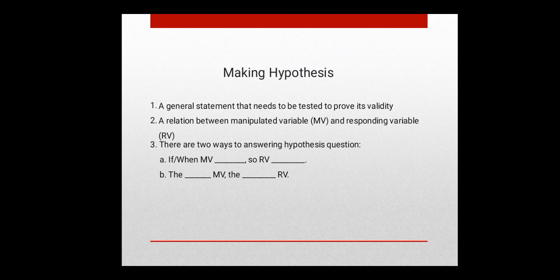Simple. Okay, the first sentence we can use: if or when MV, comma, so RV, tempat kosong. So in this empty space, we can put increasing, decreasing, becomes more, becomes less, and so on. But we need to know the MV and RV first. Okay, simple.